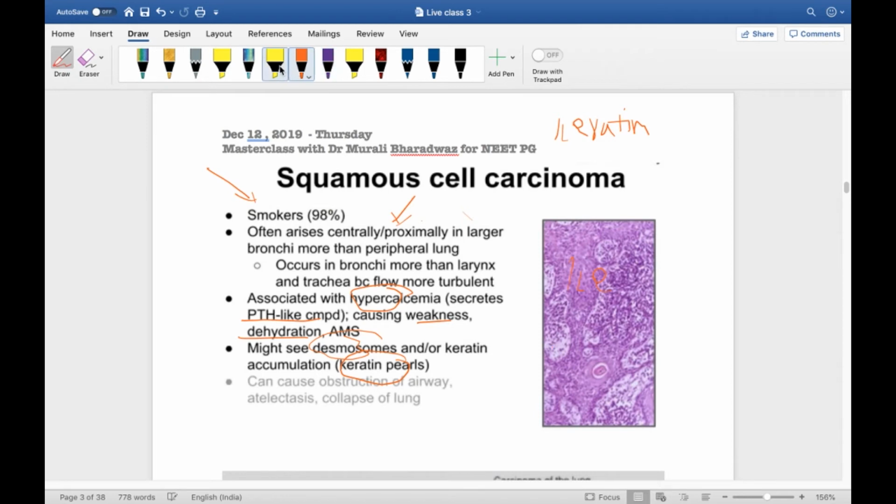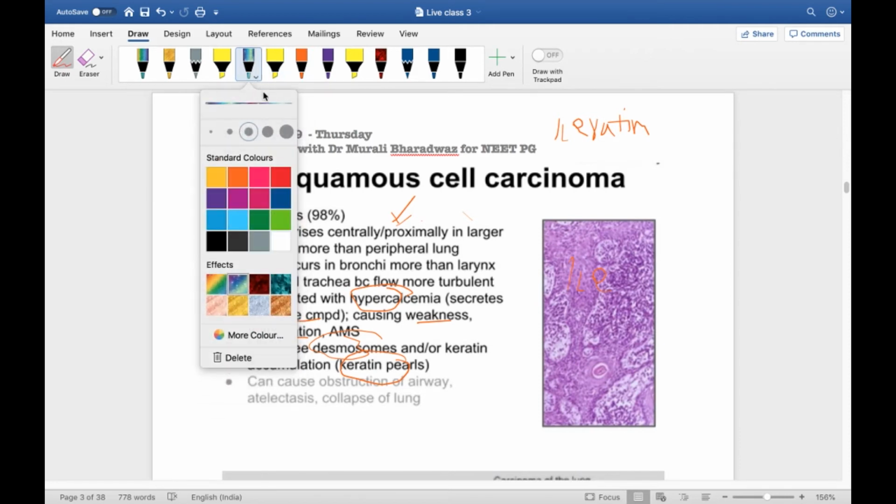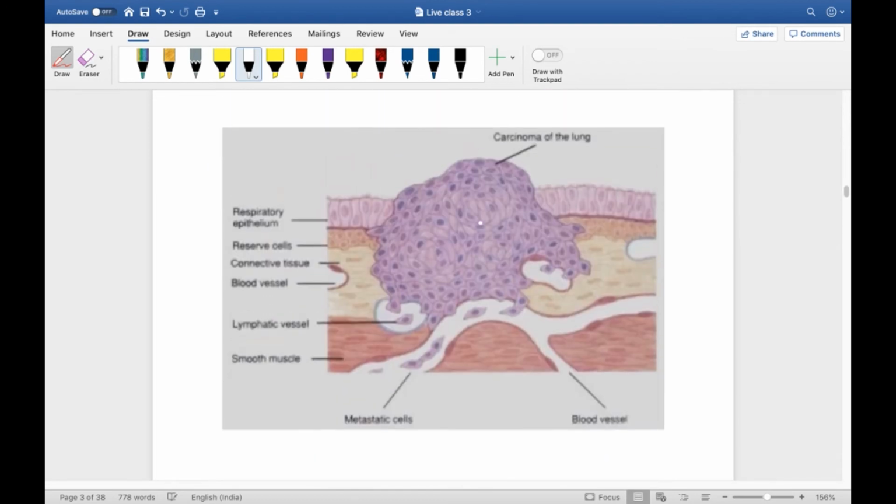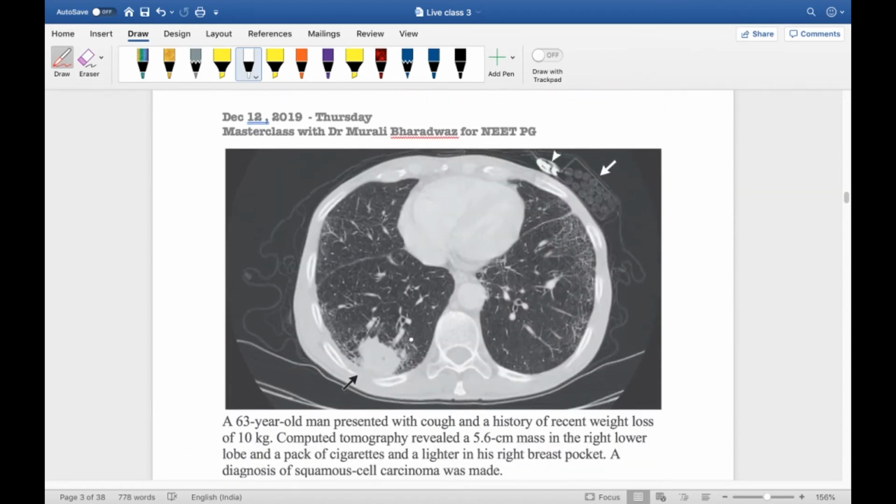I'll change the pen color. Keratin pearls. This is keratin pearl. So this is how the carcinoma, which is squamous cell, percolates out and undergoes metastasis in case of squamous cell carcinoma.